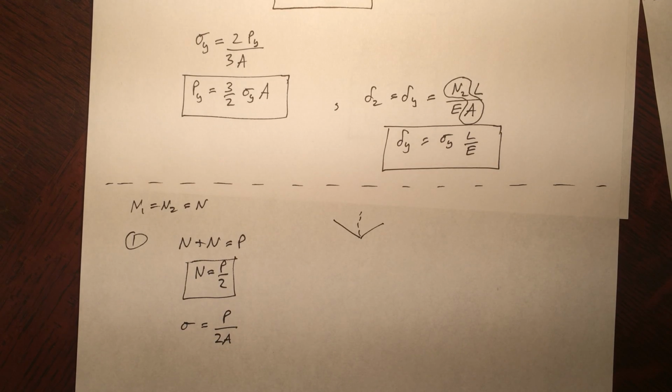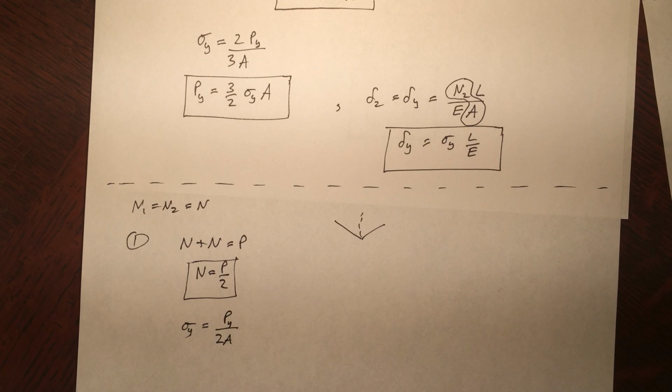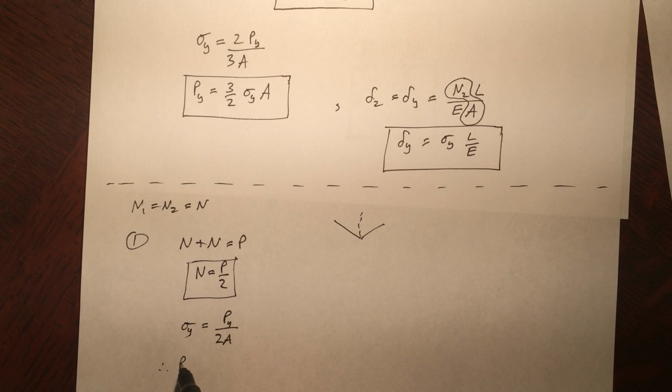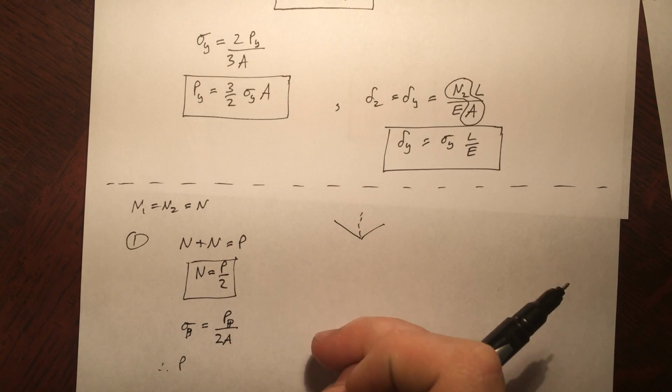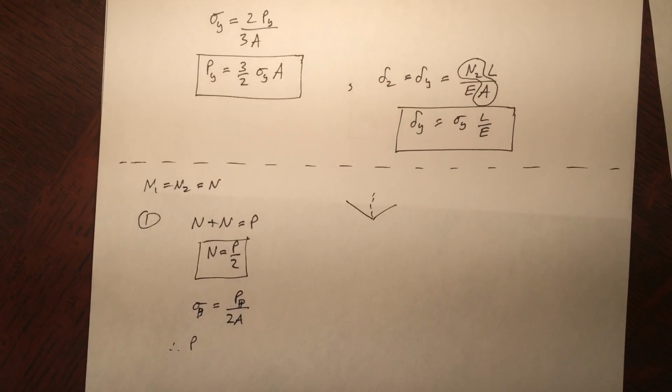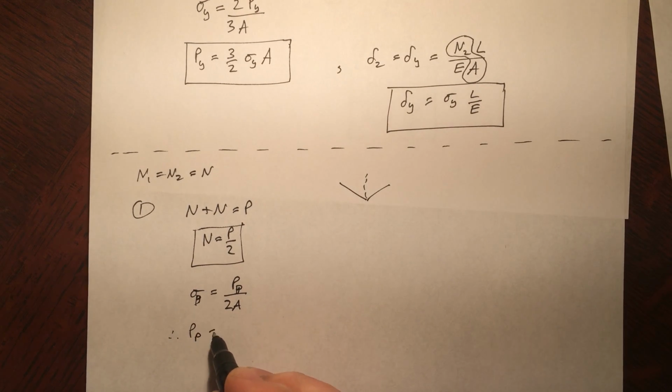If this is sigma yield, this must be P yield by the same logic as we did before. So therefore, P plastic. Technically this bar is yielding at that point, but the whole structure is in the plastic region, so we call it P plastic, equal to 2 sigma yield A.